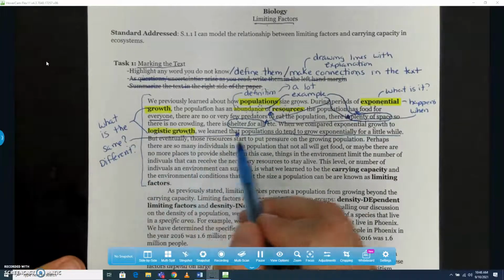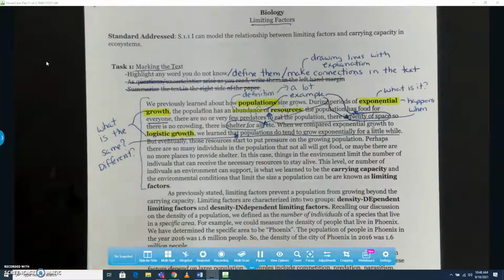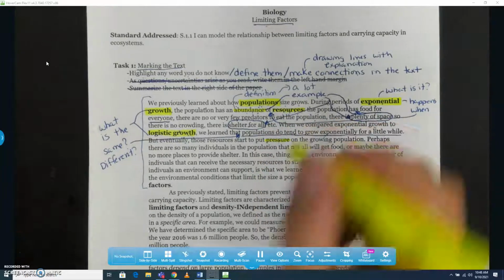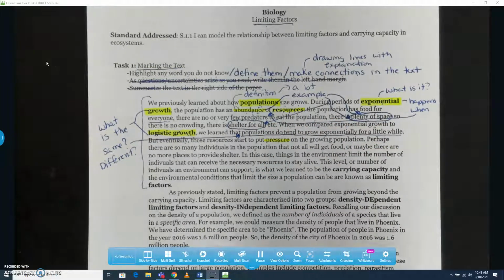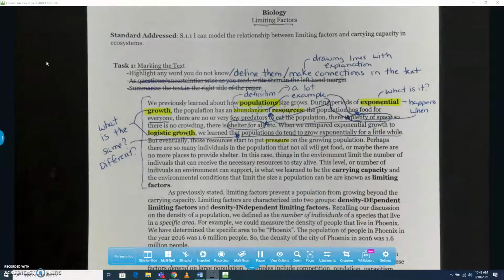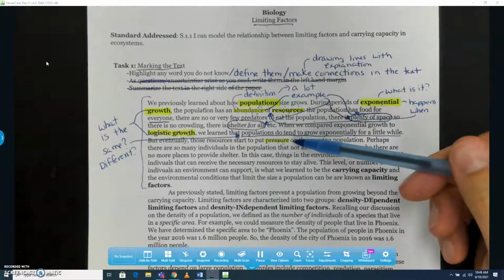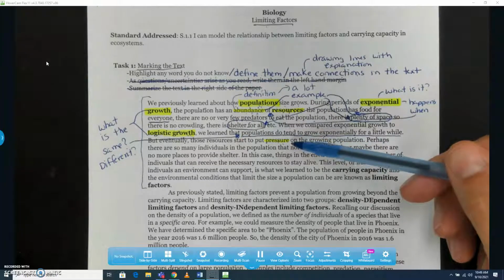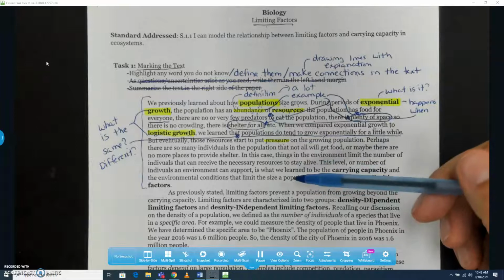But eventually those resources start to put pressure. When you hear the word pressure, you might know the word pressure, but this is a word that has multiple definitions. Pressure might be referring to the amount of pressure in a basketball, how much air is in the basketball, or in the tires in the car. But somehow that definition doesn't seem to fit what we're reading here.